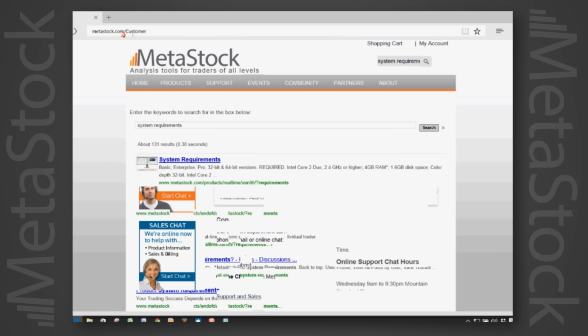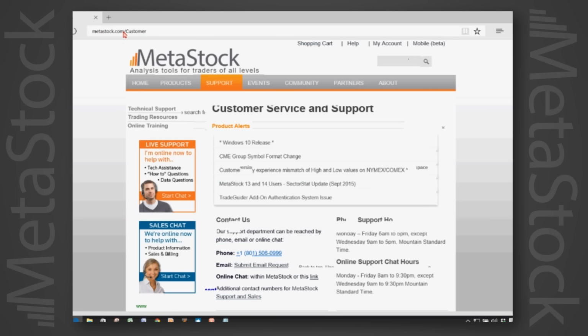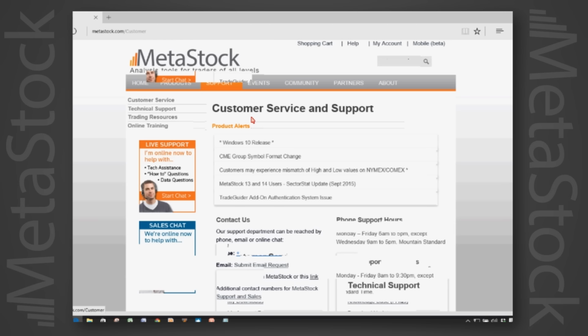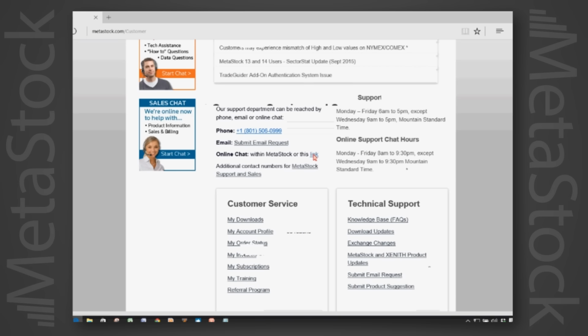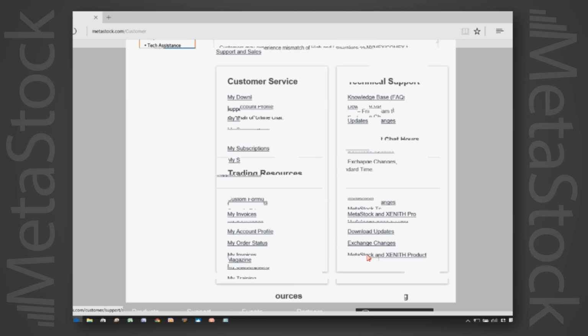So come to our MetaStock page, metastock.com, and click on support, down here. Our support is really good. If you have questions, come in and chat with them. One of the things I always ask in our live events is how many of you have talked to support, and our support is all here in the same office building as we are. They're very, very helpful. We get a lot of positive responses when we ask people how their support went.